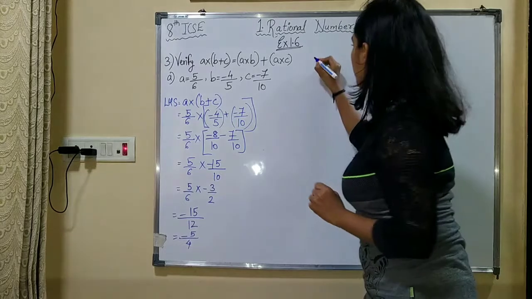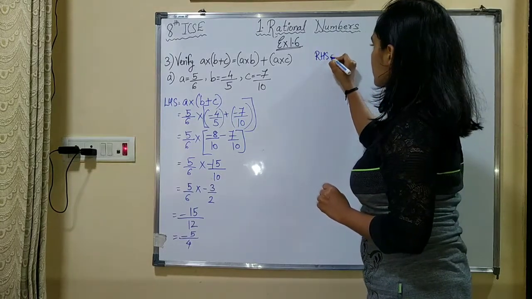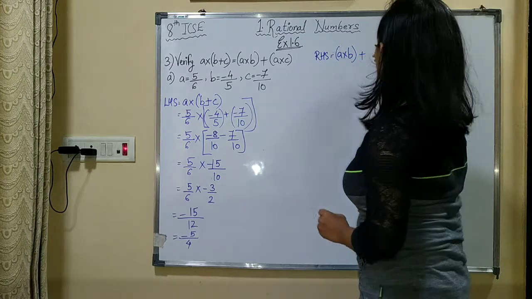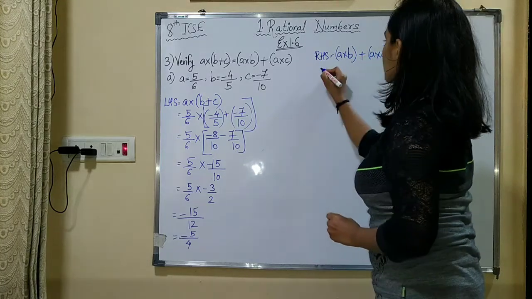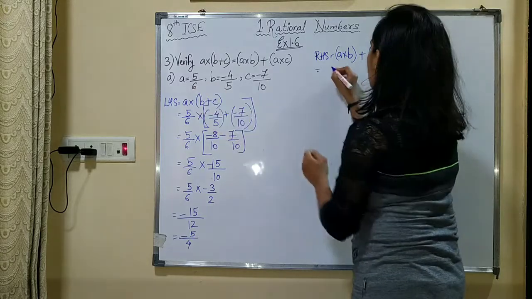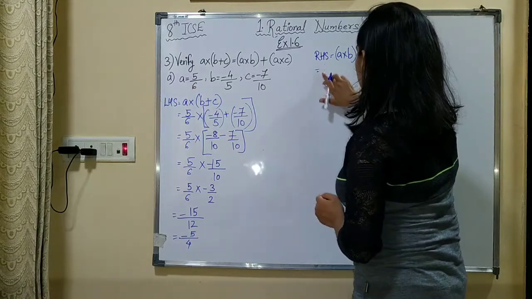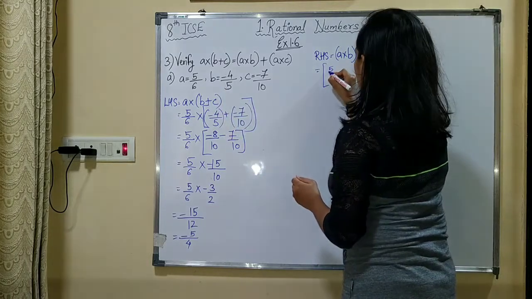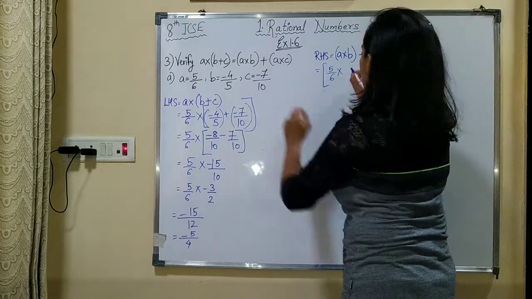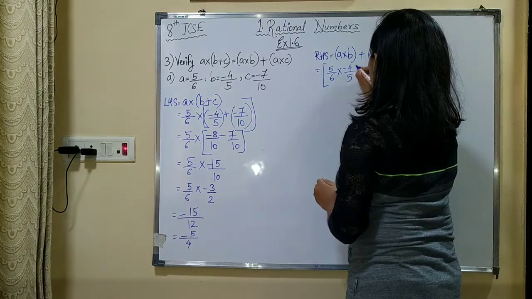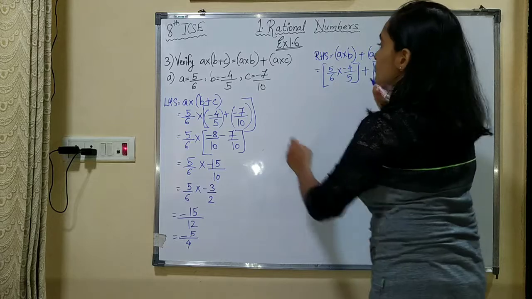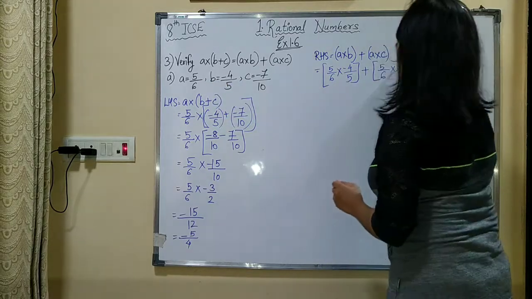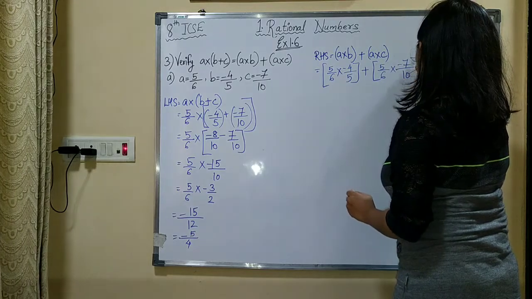Now we will solve for RHS. RHS equals A multiplied by B added to A multiplied by C. So we will substitute the values: 5 upon 6 multiplied by minus 4 upon 5 plus 5 upon 6 multiplied by minus 7 upon 10.